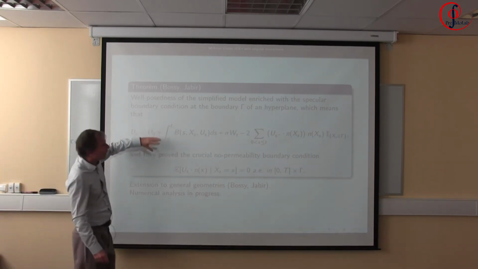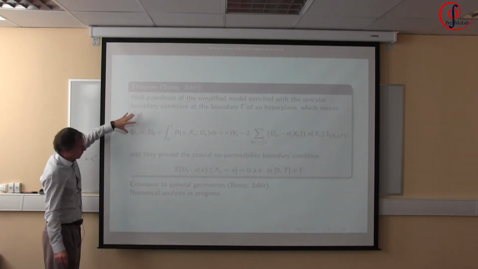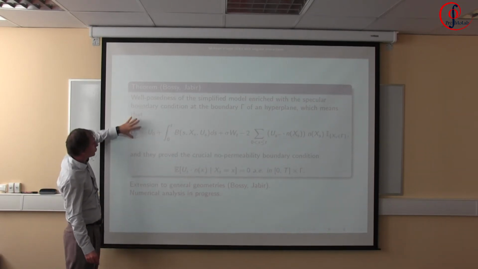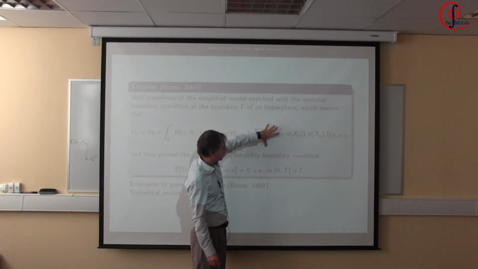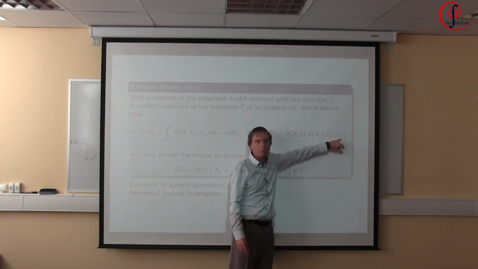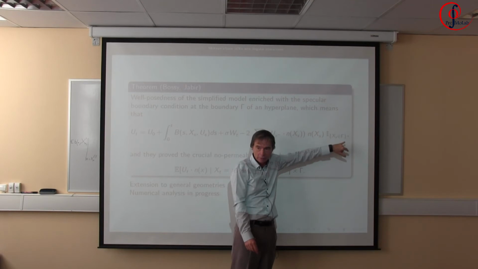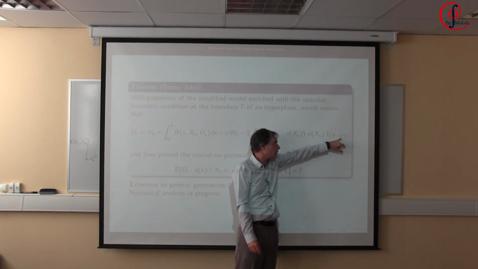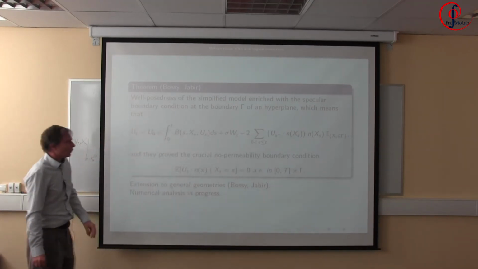And recently they could prove that the pair XU is well defined even if you add the specular boundary condition, even when gamma is not only the boundary of a hyperspace, but it could be other boundaries.